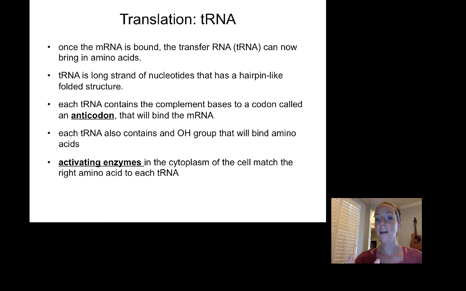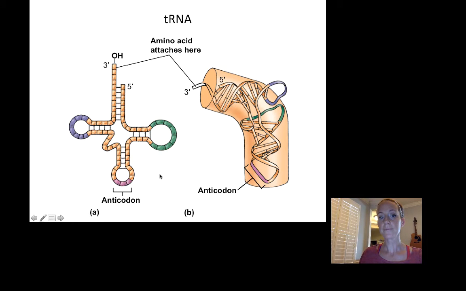It'll attach to the mRNA and bring in amino acids. There will be enzymes in the cytoplasm of the cell that will help to match the correct amino acid to the correct codon or anticodon sequence in the tRNA. So this is that hairpin, and we don't have hairpins that look like this anymore, but this is old school, guys. So here's the hairpin structure of tRNA.